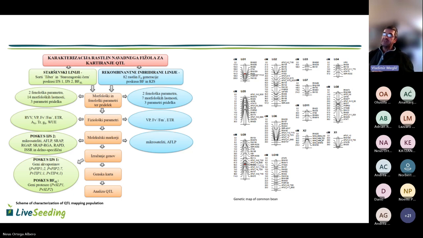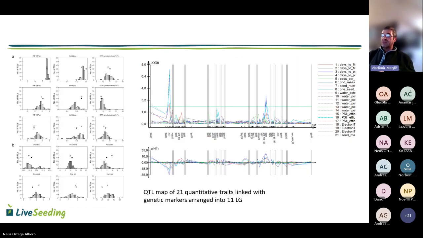On the left-hand side are the parental varieties, or parents, and on the right-hand side, the recombinant inbred lines. What we have looked at, and next slide, please. Here is the result.